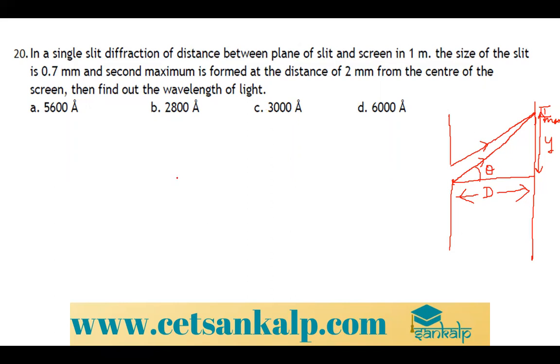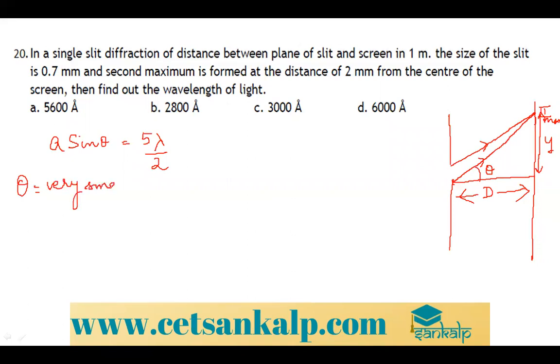Okay, now they're given for second maxima. The path difference will be a sine theta is equal to 5 lambda by 2. It is 5 lambda by 2 because odd numbers come. As you can see here, theta is very small.